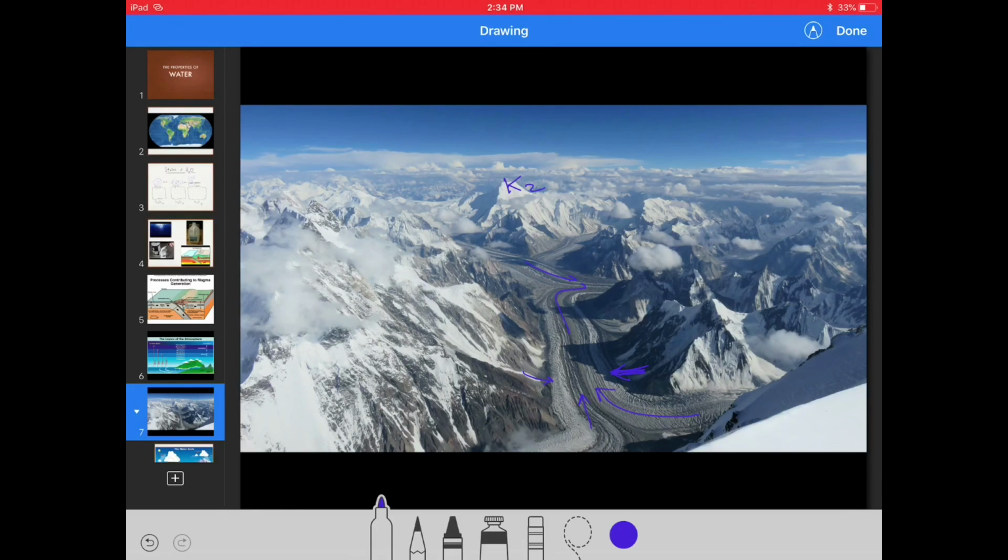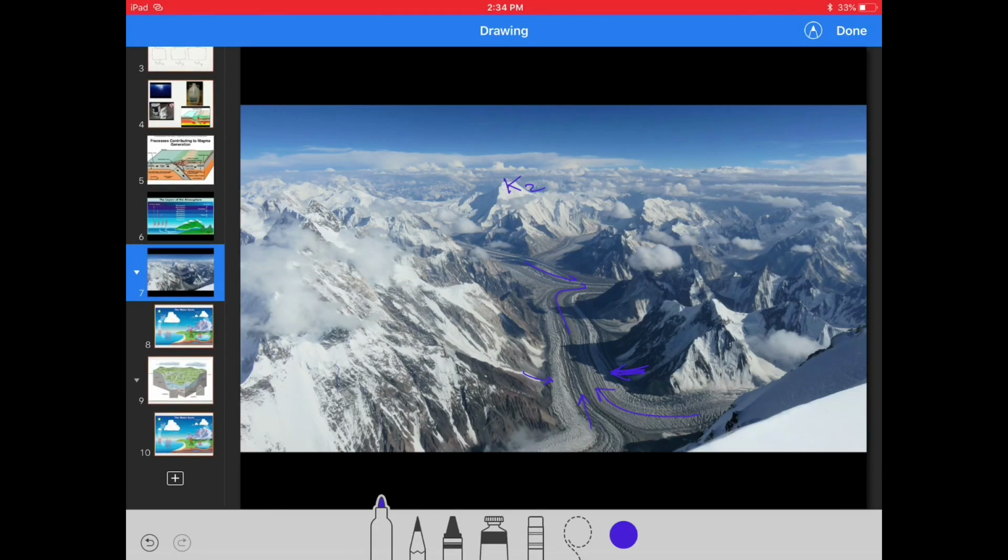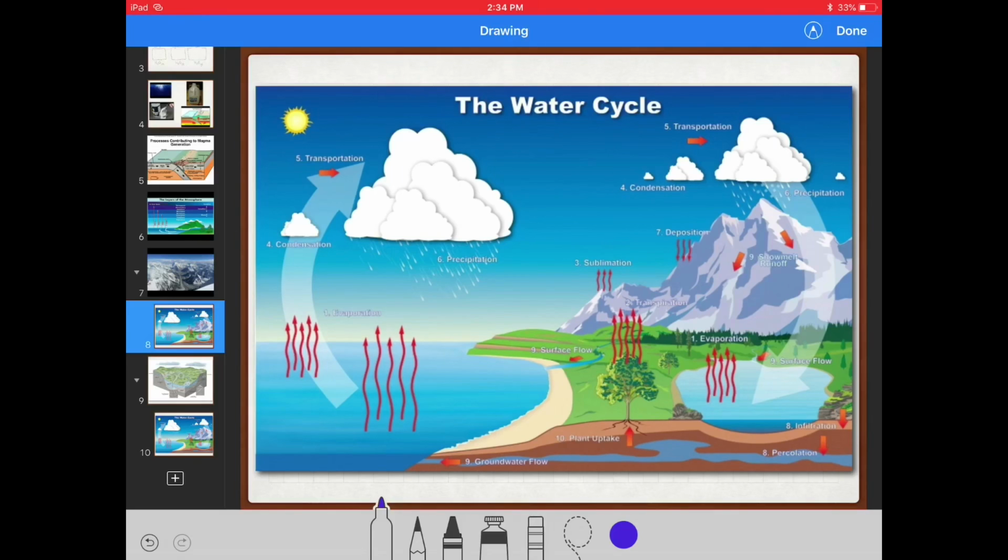Now, energy from the sun and the force of gravity are what drive the continual water cycle among all these different reservoirs, whether it's the clouds in the sky, our rivers and lakes, the snow melt, or the glaciers running down our mountains. Sunlight provides the energy that causes water to evaporate. Once the water evaporates, it condenses.